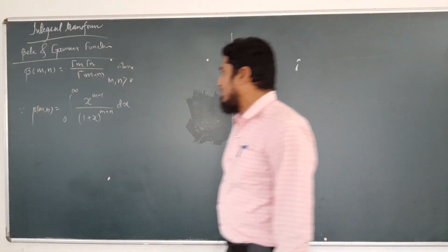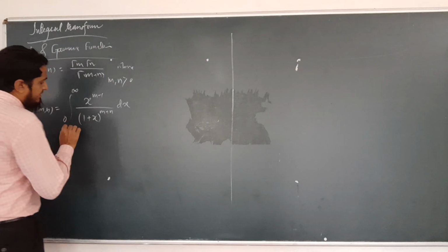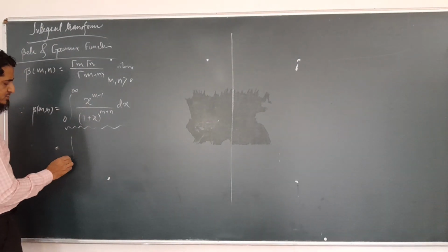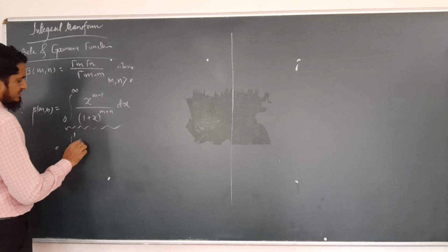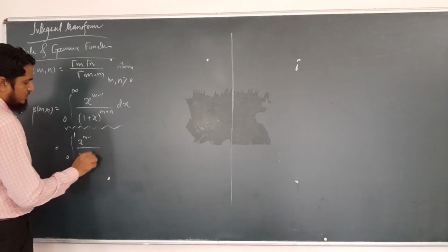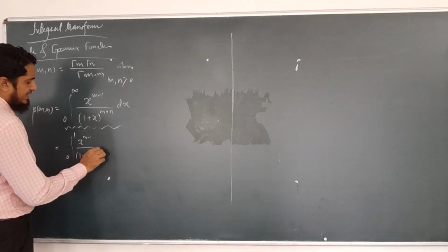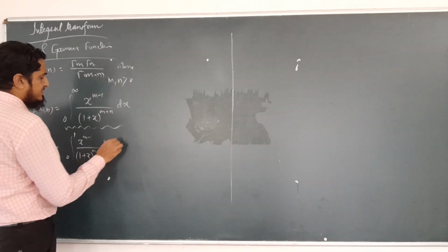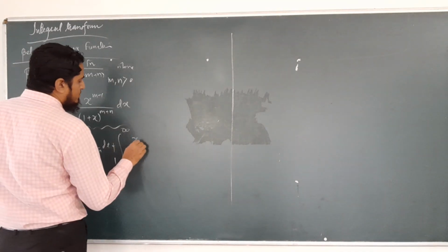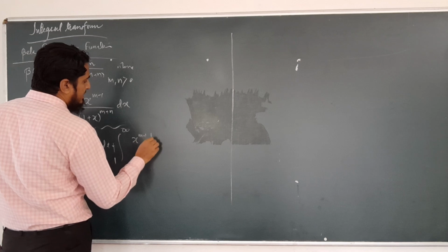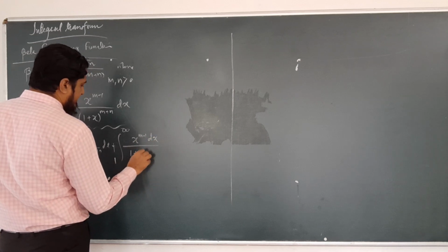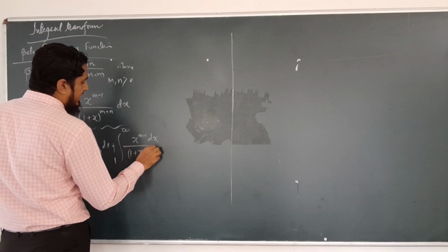Now we can break this integral into two parts, such as integration from 0 to 1 x raised to m minus 1 upon 1 plus x raised to m plus n dx, plus integration from 1 to infinity x raised to m minus 1 dx upon 1 plus x raised to m plus n.